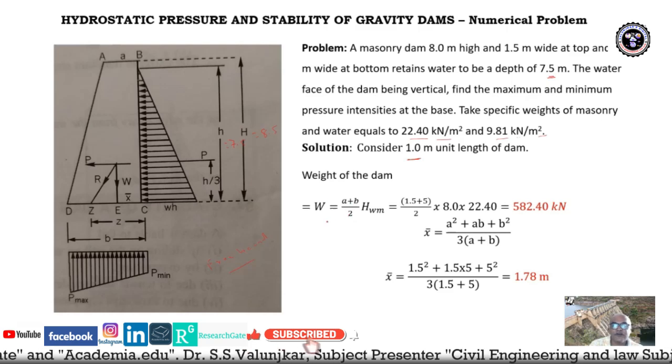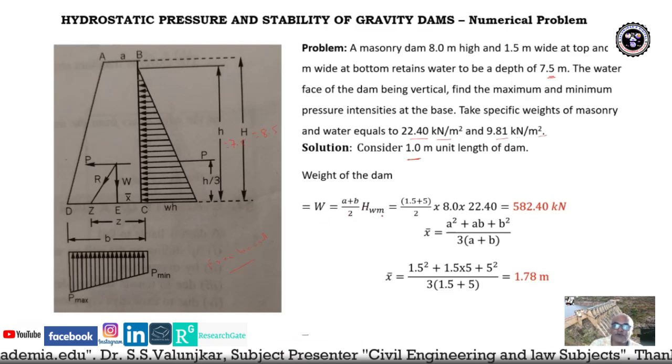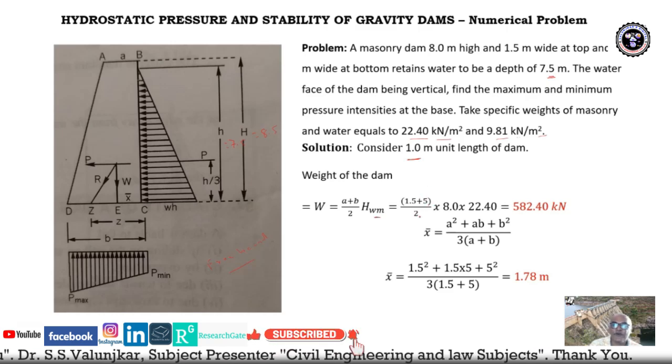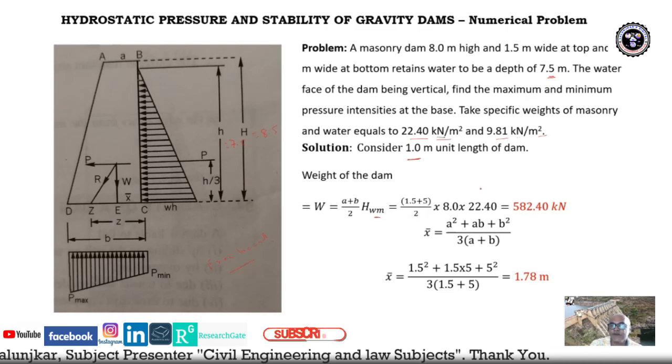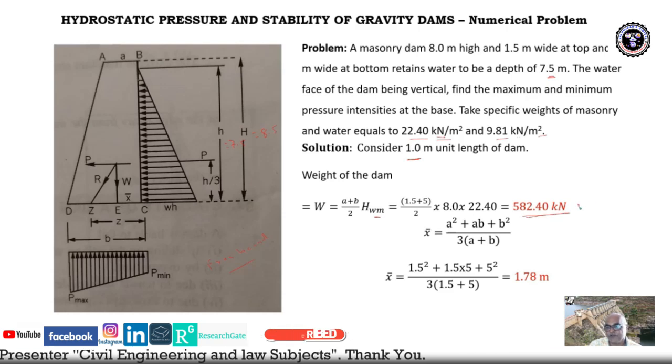Find out the weight of the dam. So W is equal to (A plus B) by 2 into H, the height of the dam, into the specific weight of the masonry. Substituting the values, (1.5 plus 5) upon 2 into 8 into 22.40, we obtain the self weight of the dam as 582.40 kilonewton.